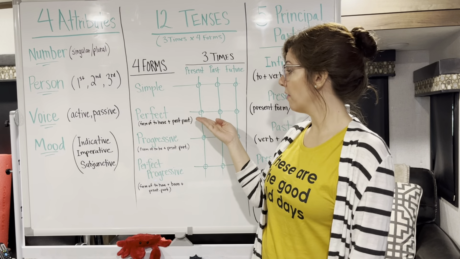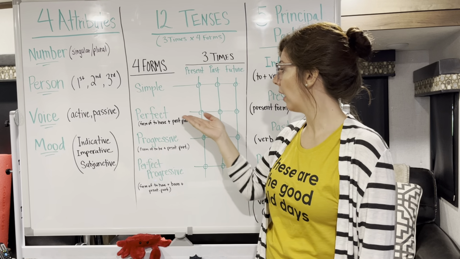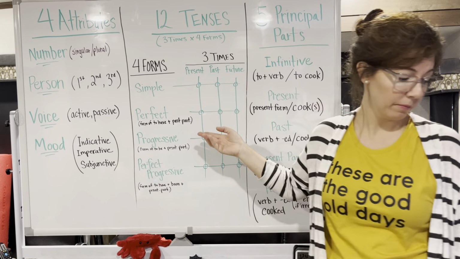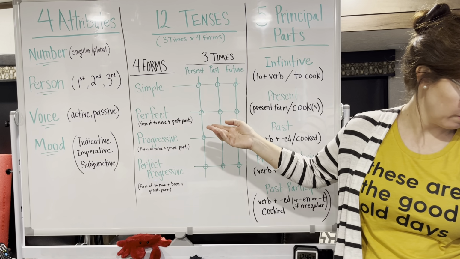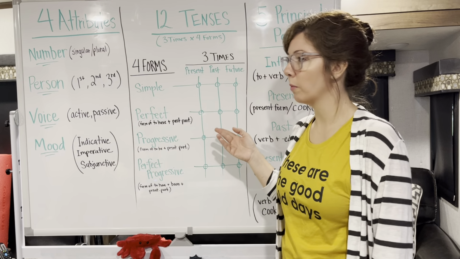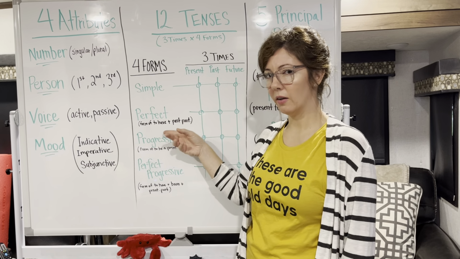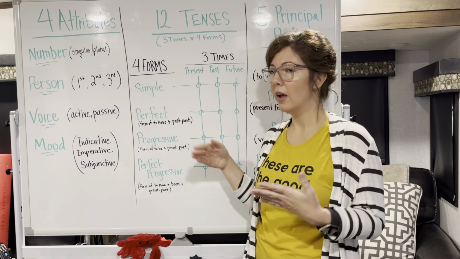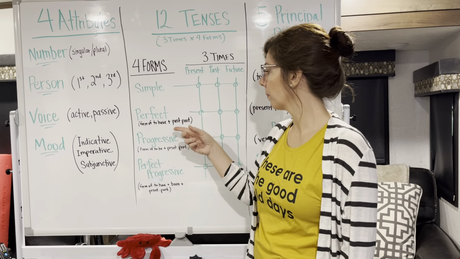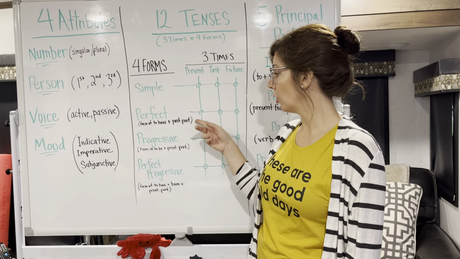I have packed. I've done it. I have cooked. I have baked. And then for our past form, I had. Our forms of have would be have, has, and had. Have and has are our present; had is our past. So for present, I have cooked.